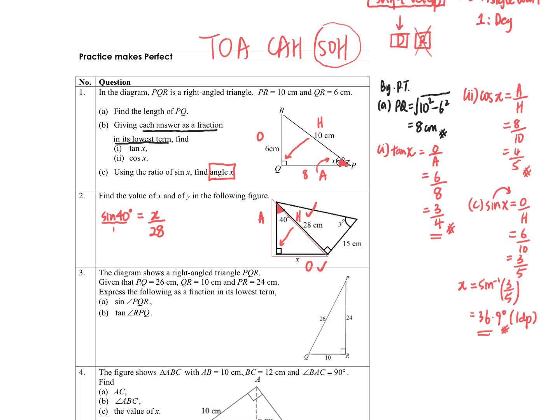Okay, cross multiply. Okay, 18.0. Length is 3SF.